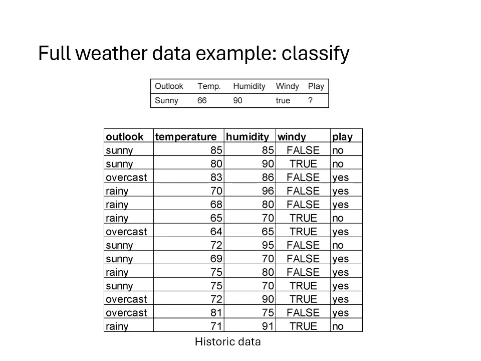Let's see how this naive classifier will work for the full example of the weather dataset, where there is a combination of continuous numeric and categorical attributes. So we have this historic dataset, and we also have the new day, which we want to classify into one of two classes, to play or not to play.